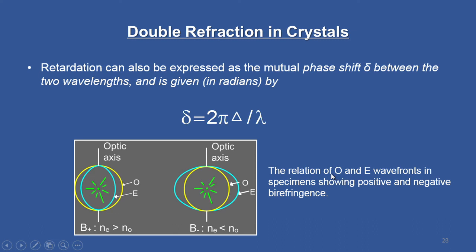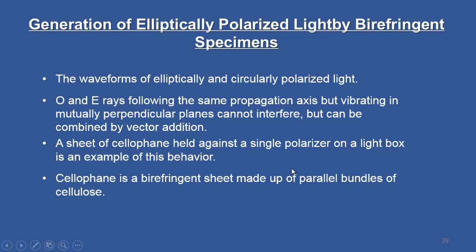The relation of ordinary and extraordinary wave fronts in the specimen showing the positive and negative birefringence is summarized in this schematic. So, let us now see the generation of elliptically polarized light by birefringent specimens.